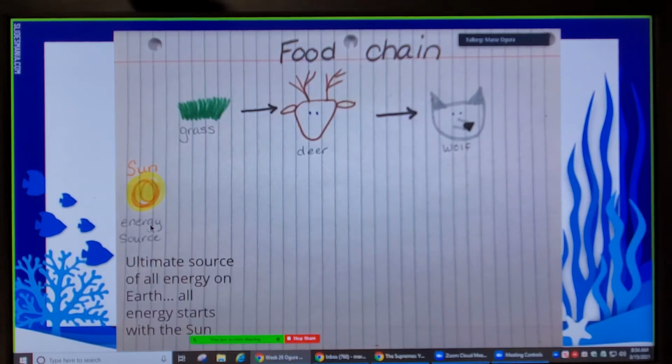If the sun died, our planet would die, because it's what gives energy to the grass. It's what gives energy to every plant on our planet that the herbivores and the omnivores eat. Okay? So all energy starts with the sun. But you may not see it on the STAR question. You just have to assume that if there's grass, there must have been sunlight that gave it energy.